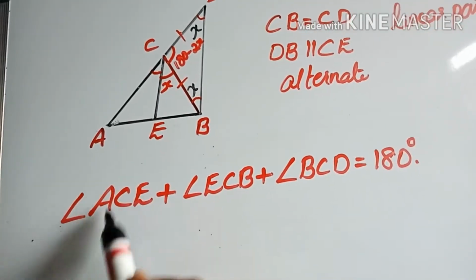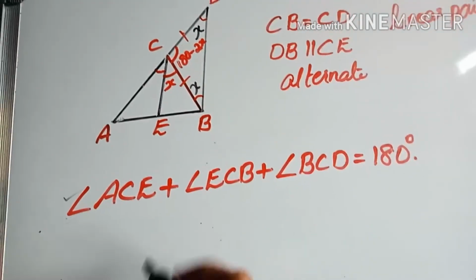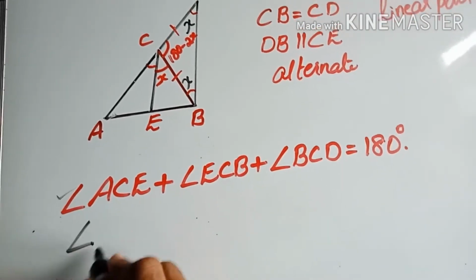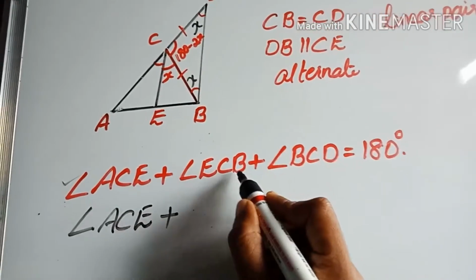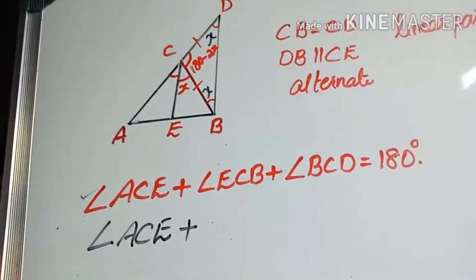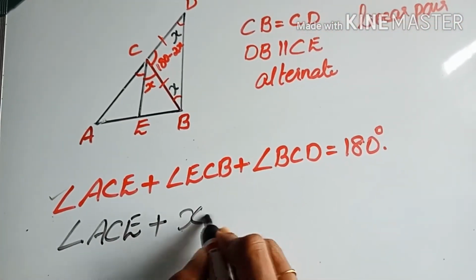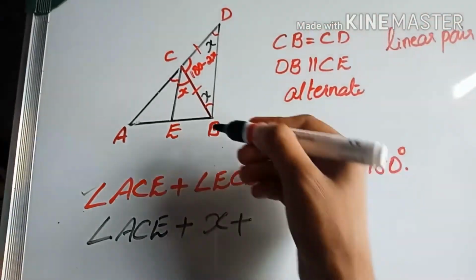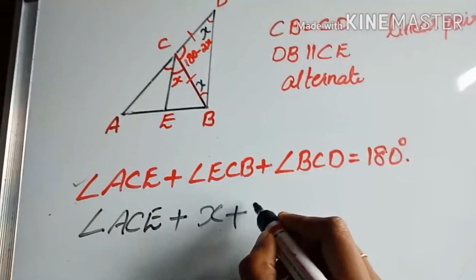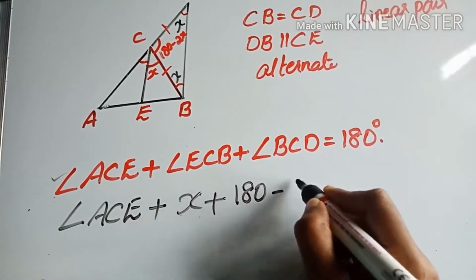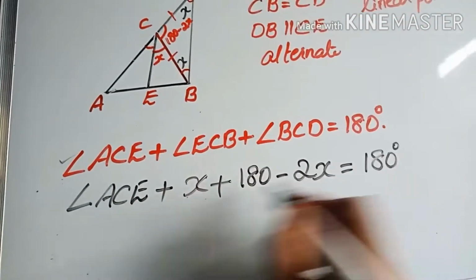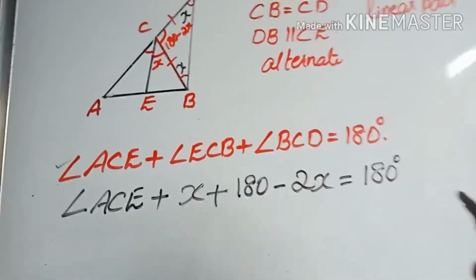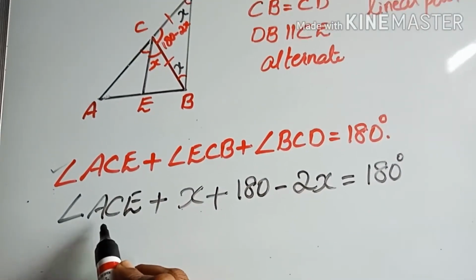Here only this angle is the missing one. So let's write angle ACE itself, plus angle ECB, which is x degrees, plus angle BCD, which is 180 minus 2x. The sum will be 180. From this, we have to find this angle ACE.